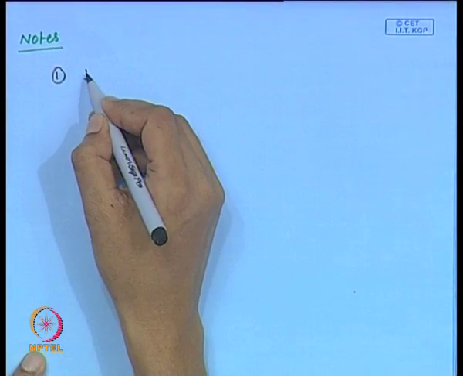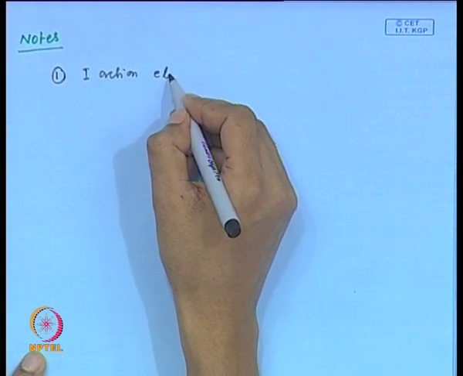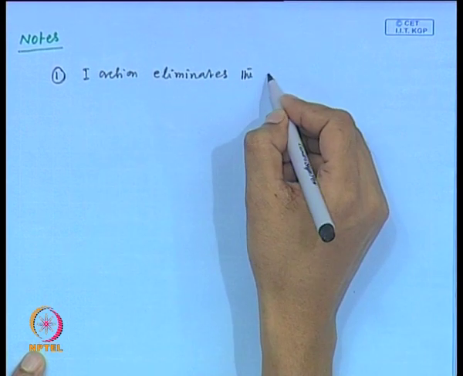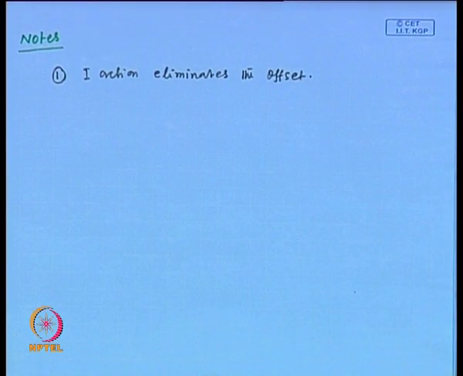The first conclusion is that the integral action eliminates the offset. Offset is basically the steady state error.